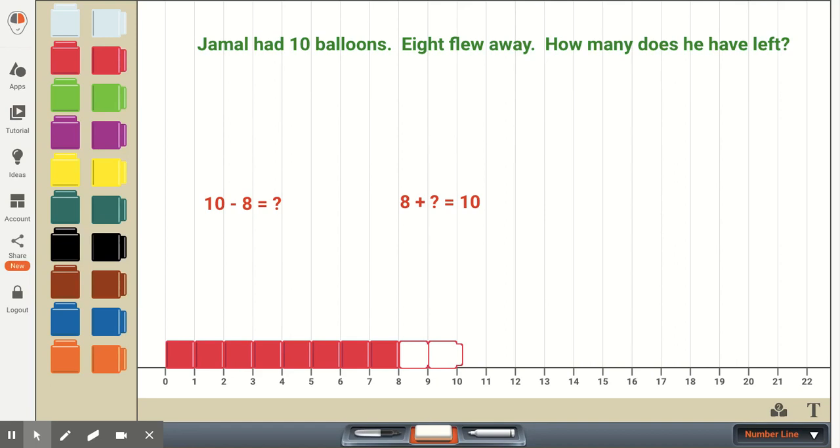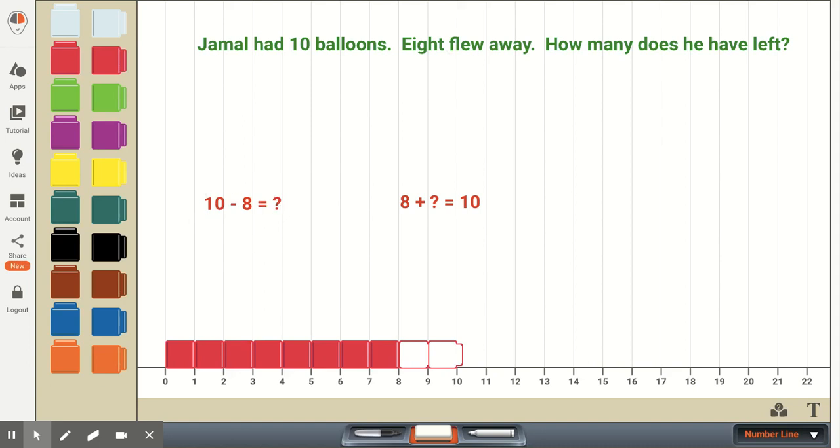How many does he have? So writing this as a subtraction equation, we'd want the first grader to be able to say 10, because that's what Jamal is starting with. So when we write a subtraction problem, this first number is going to be our starting point. 10 minus 8 equals how many?